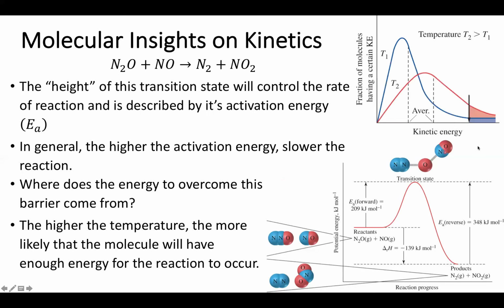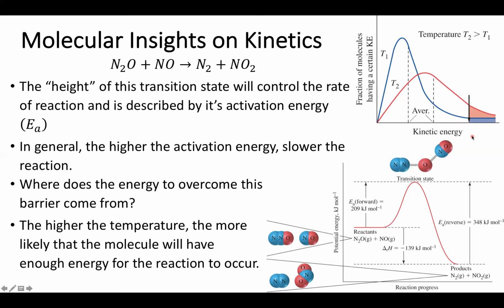So if I have this amount of kinetic energy, where this is my activation energy, I am a certain percent likely to get from here to here. As the system heats up, its average energy increases, but more importantly, the percentage of energy that's above a given threshold goes way up.